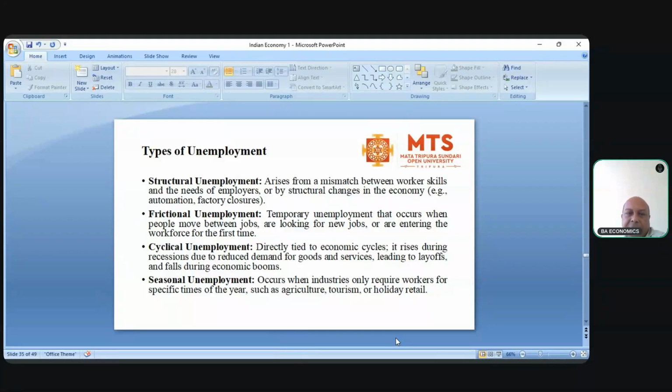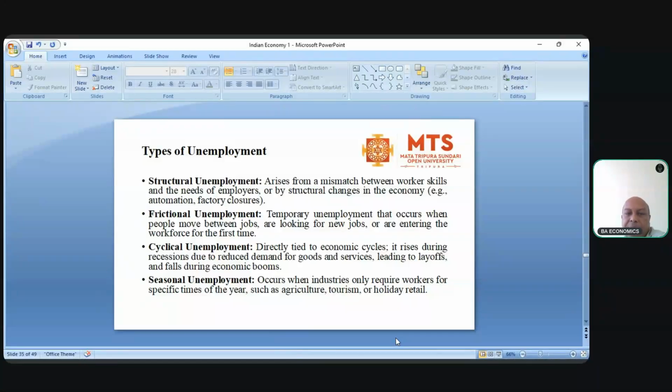Such a gap exists, and so many workers are unable to find jobs because they do not have the skills the industrialist needs, so they are unable to be absorbed by the firm. So it is known as structural unemployment.